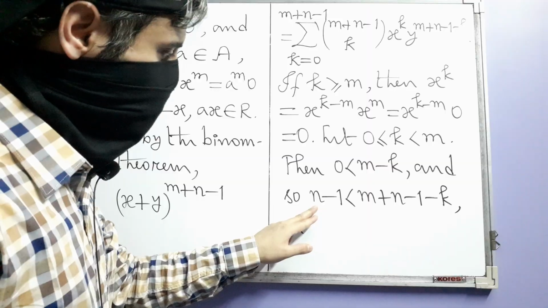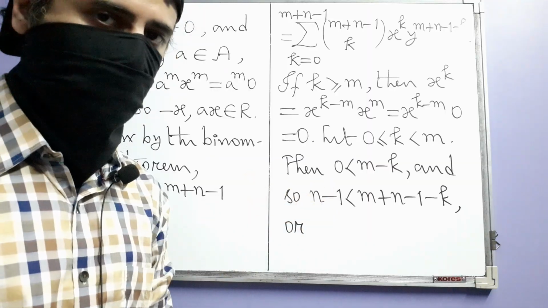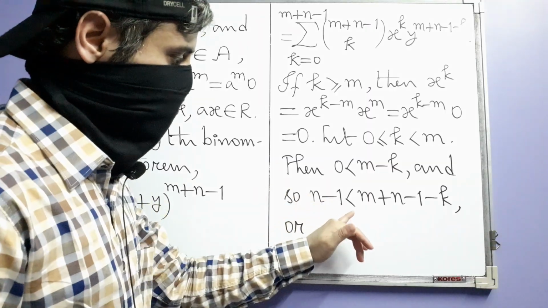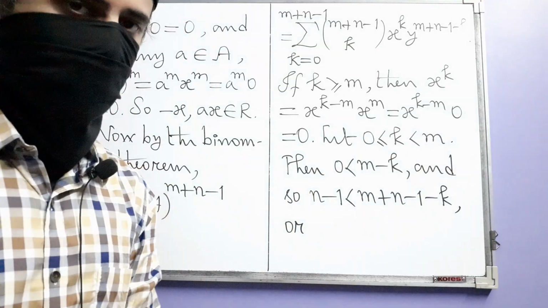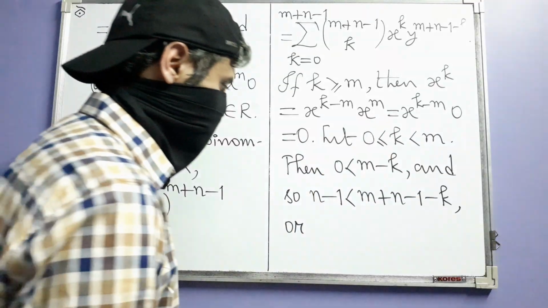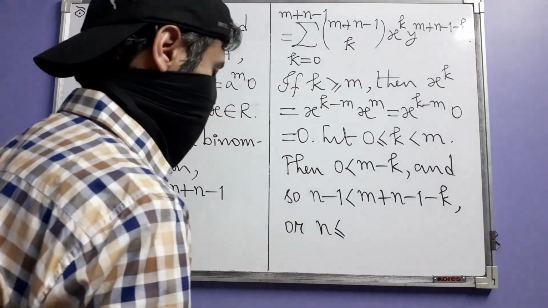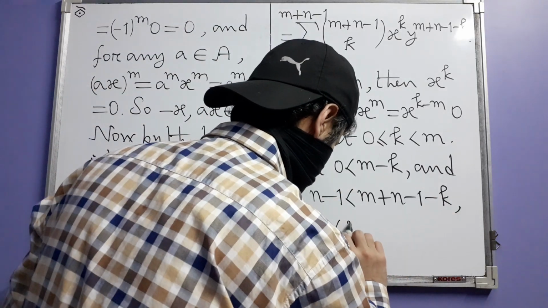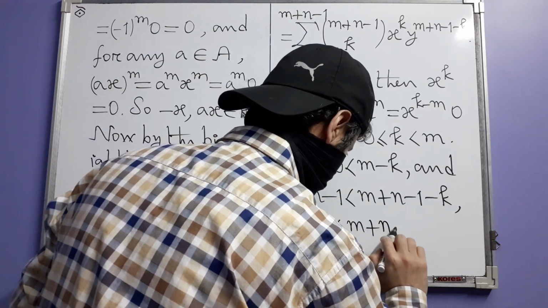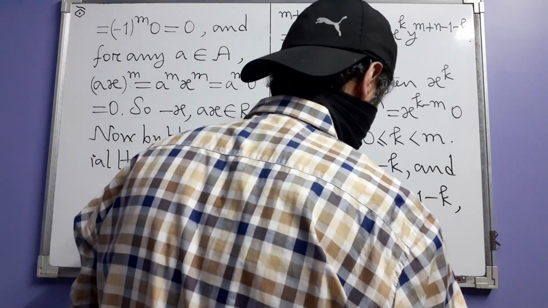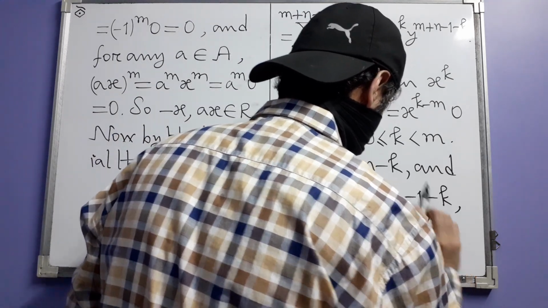If you add 1 to this smaller integer, it will still be less than or equal to that larger integer. In other words, n will be less than or equal to m plus n minus 1 minus k.